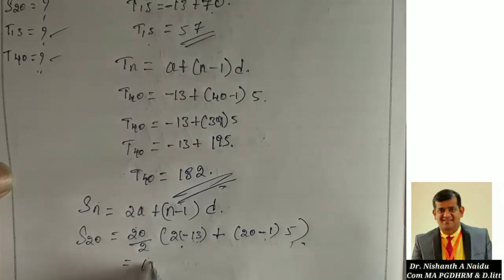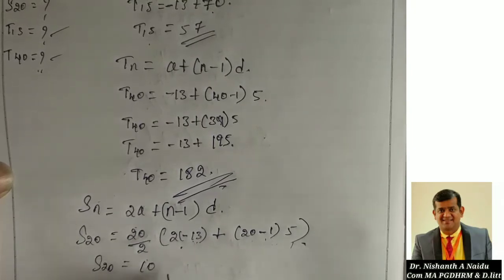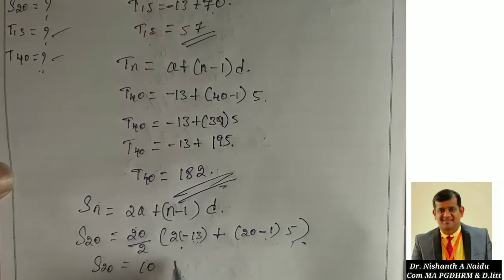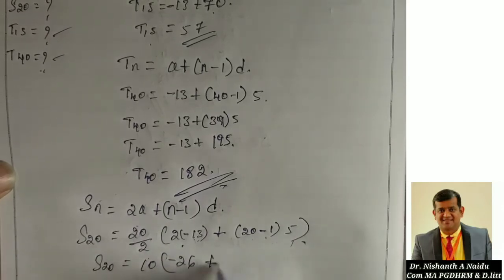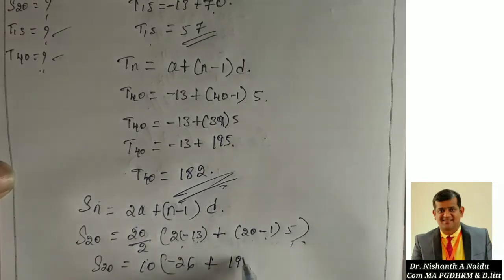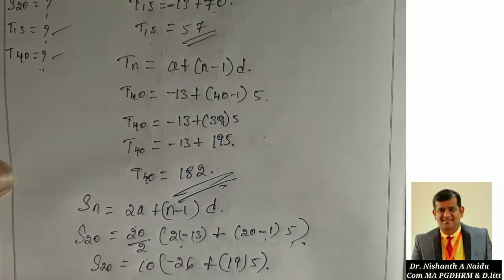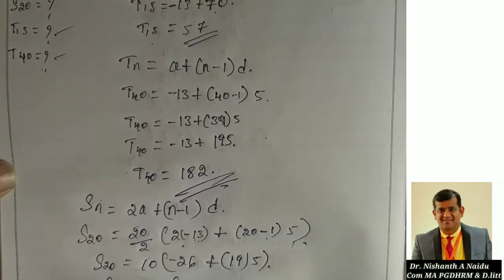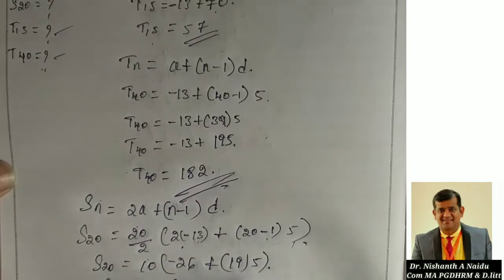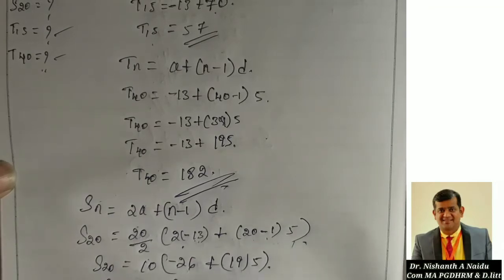So that is equals 10. S20 equals 10 into 2 into minus 13 is minus 26 plus 20 minus 1, 19 into 5. So S20 equals 10 into minus 26 plus 19 5s are 95.